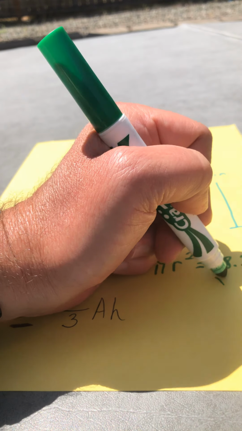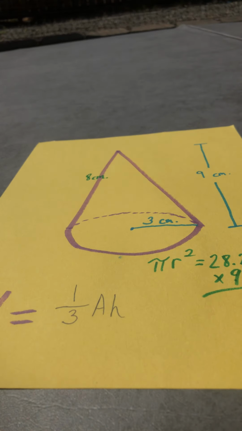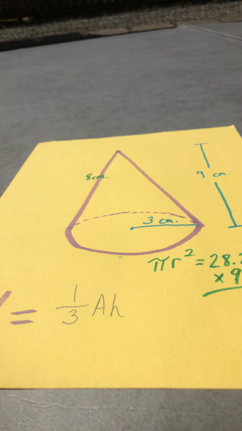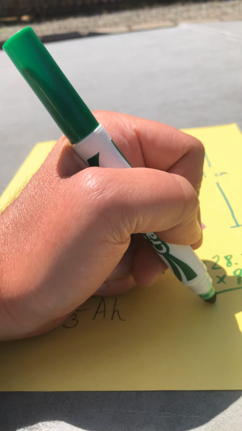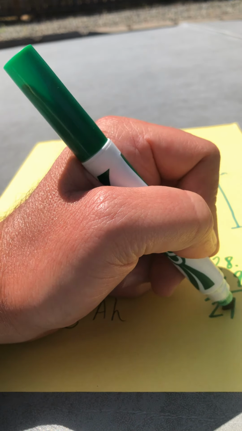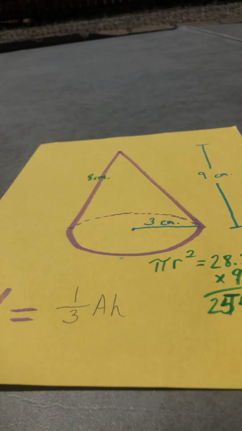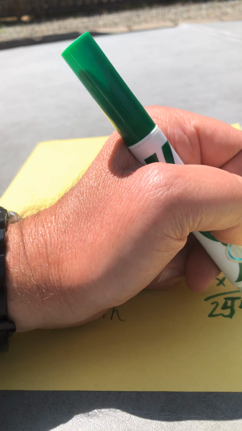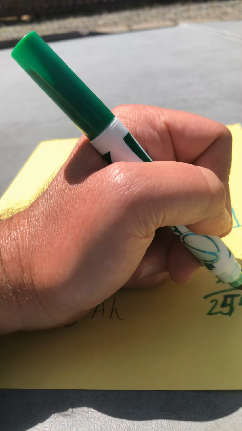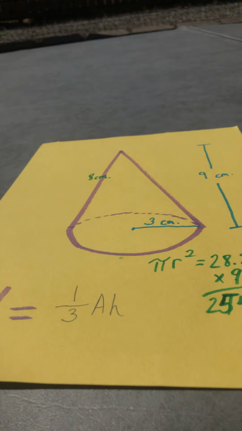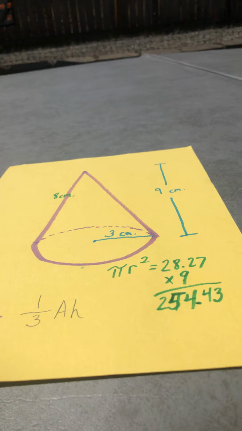So 28.27 times 9, and then you'll get your answer of 254.43. Again, that might be close to what you get if you use the pi button, or 3.14. Might be a little different. There we go.